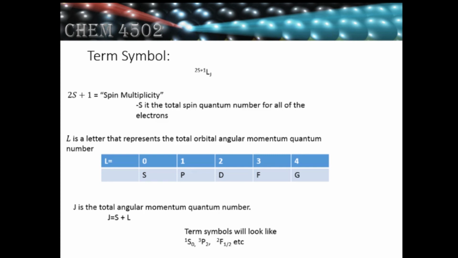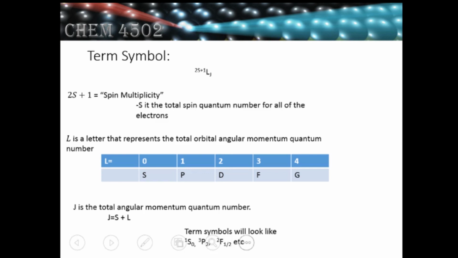So when people talk about a singlet or a doublet or a triplet, this is what they're referring to. Those states may be projected differently onto the z-axis, but they have the same total spin quantum number. The capital letter L will tell us the total orbital angular momentum quantum number.